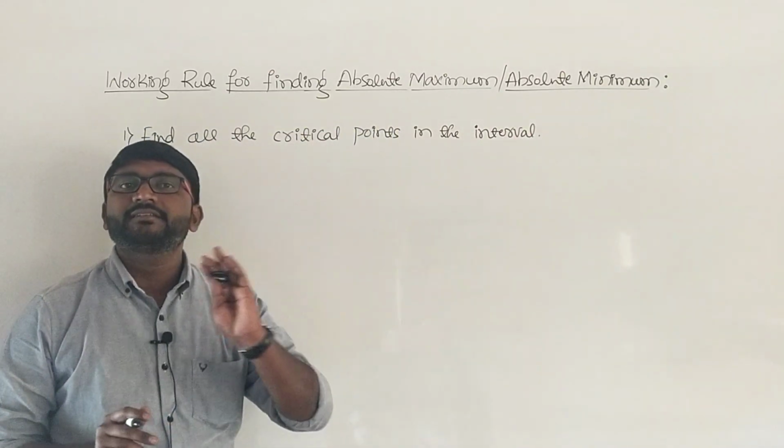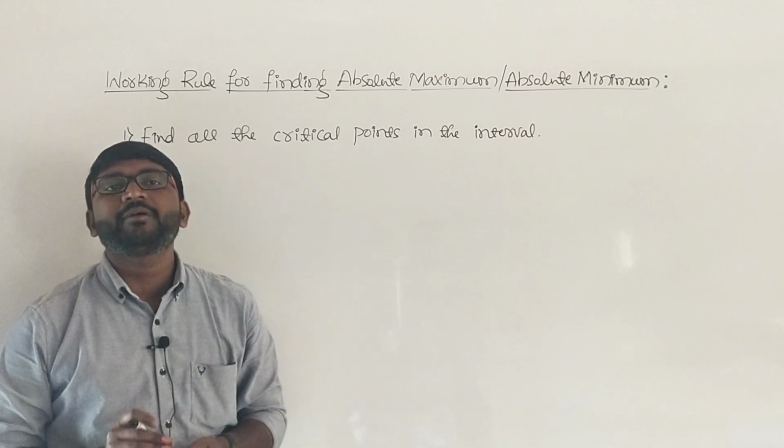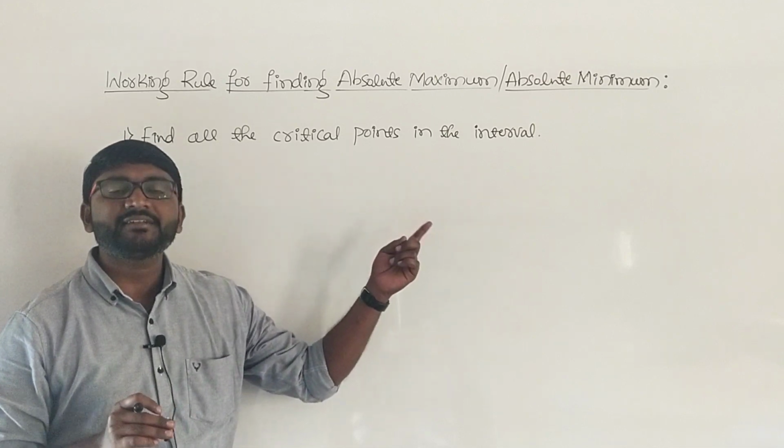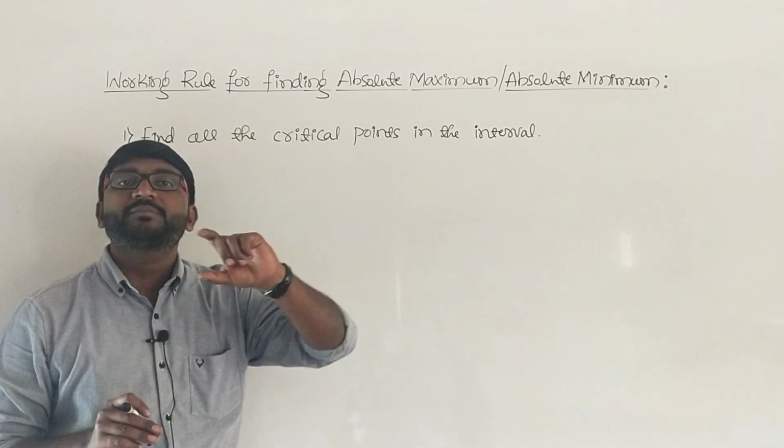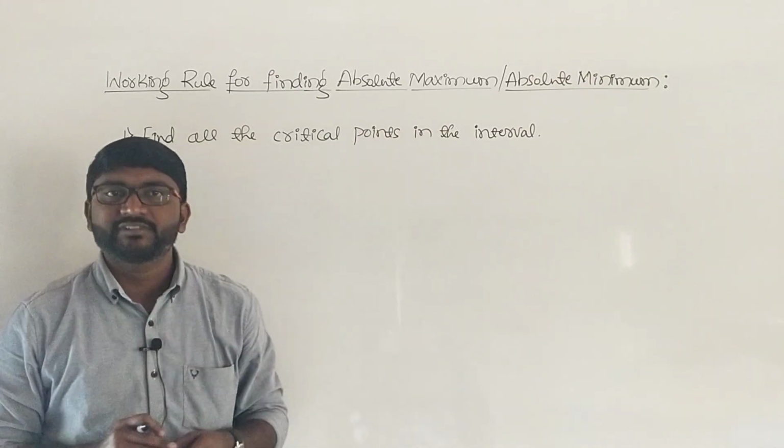Once you get the critical points, you have to evaluate the given function at the critical points as well as at the end points of the given interval. That is going to be our second step.